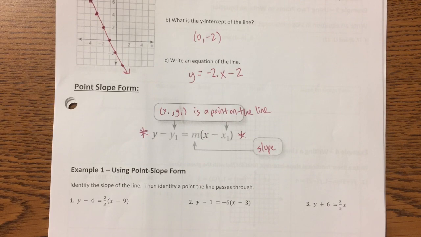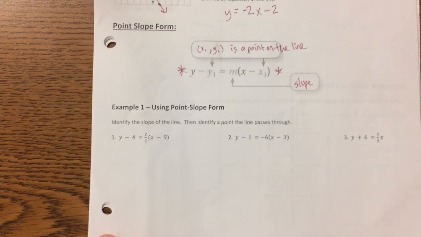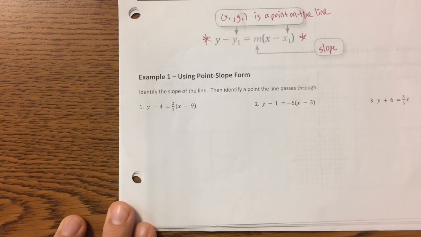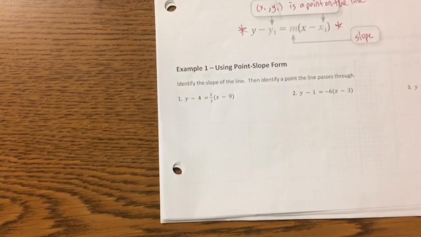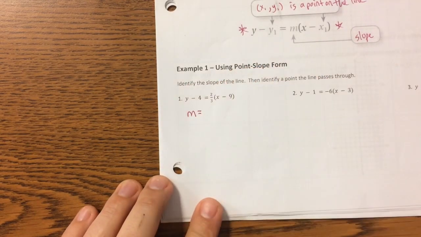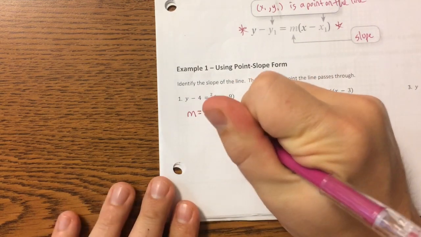So let's run through a couple here. For number 1, let's identify the slope and the point. This is going to help us graph a little later too. So what's the slope? What's my m? Two-thirds, yeah.